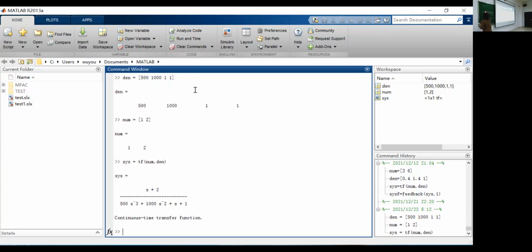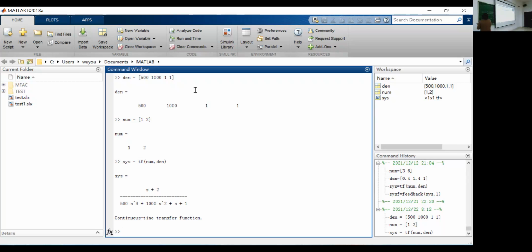First, we name the zeros. Maybe we name a matrix Z like this. It means this system has 2 zeros, -2 and -7. Then we name another matrix P, meaning poles. We have 3 poles here, right? And then name another constant K equals 2, meaning we have a gain out of the whole.